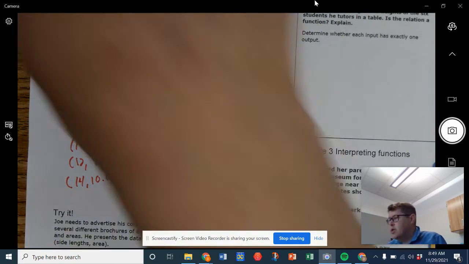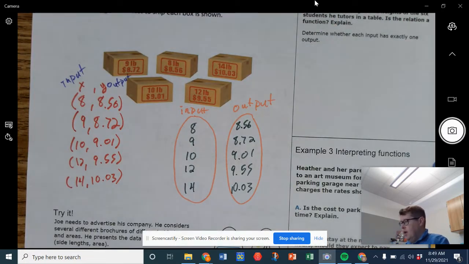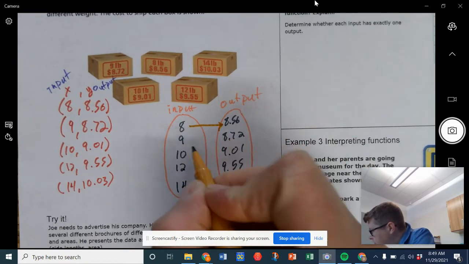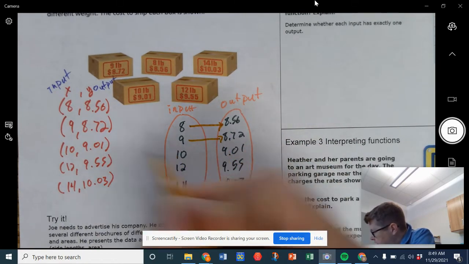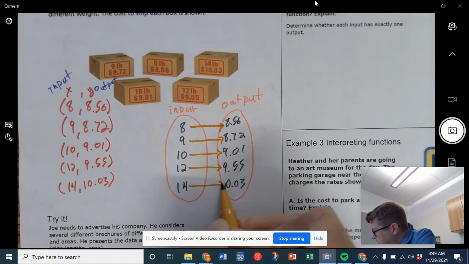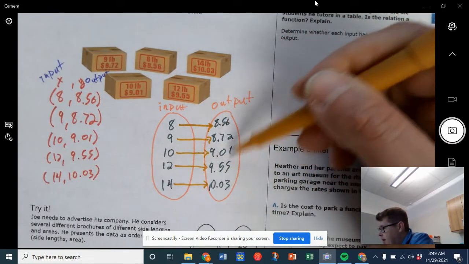And so now we're just going to match our input to our output and see if we have unique matches here. Yep. 9 to 872, 10 to 901, 12 to 955. And so what we see here is that each of our inputs goes to only one of our outputs, right?